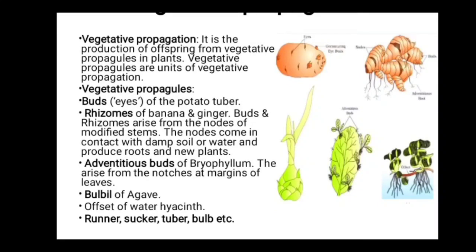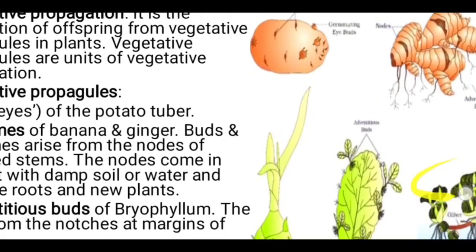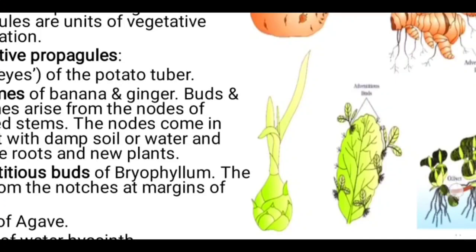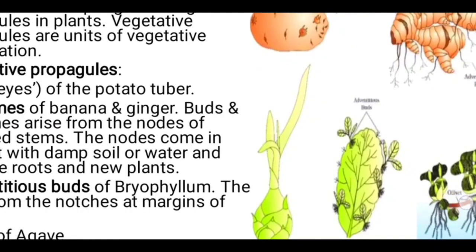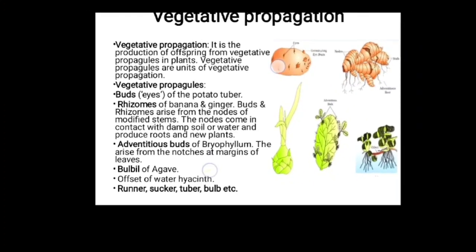Adventitious buds are found in bryophyllum. Bryophyllum are some hydrophytes, present in water bodies. These bryophyllum are seen in the water. They are also capable of producing new plants. So they show vegetative propagation.